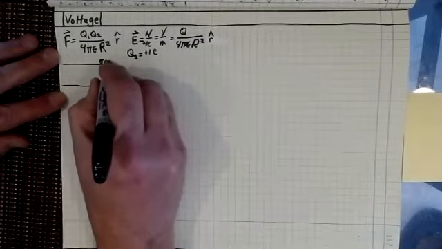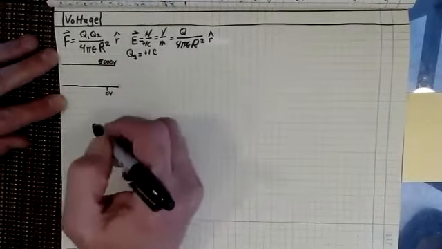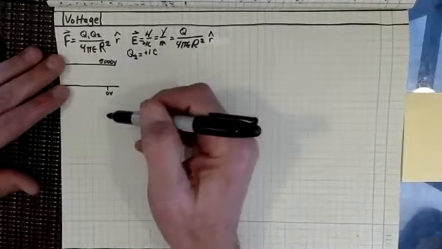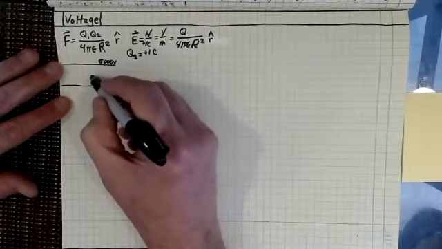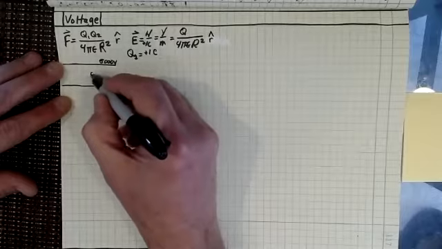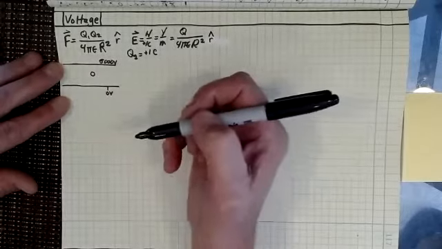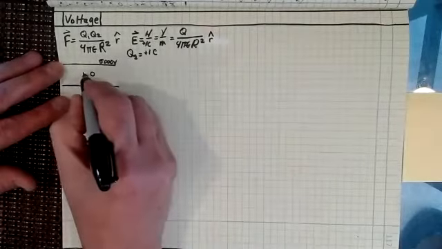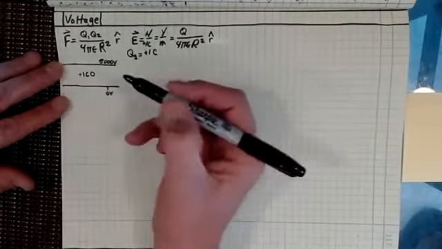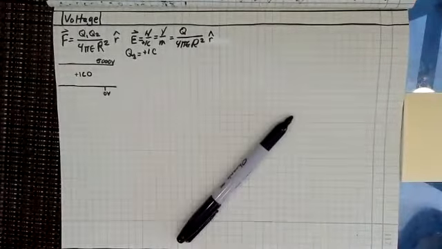Let's put 5,000 volts up here. So we can see what direction the charge would go. If in here I just put a 1 coulomb charge, let's say I just put a 1 coulomb charge there, right? Where's it going?